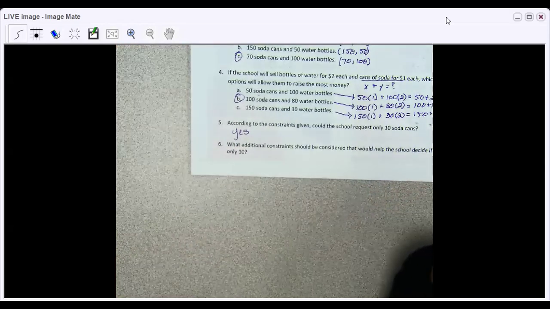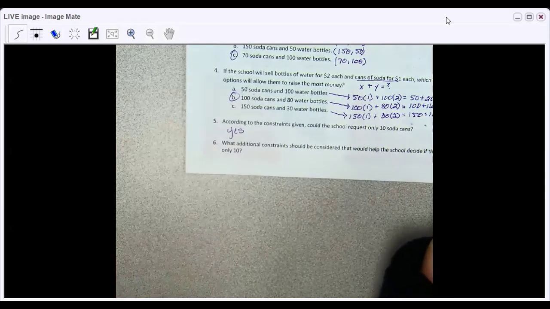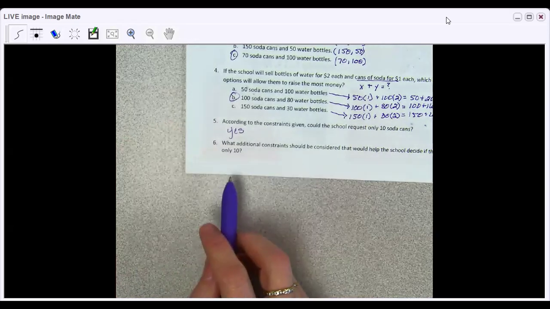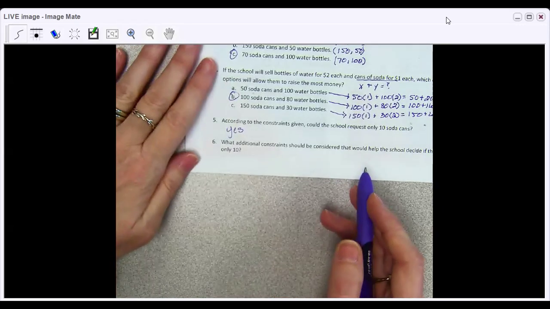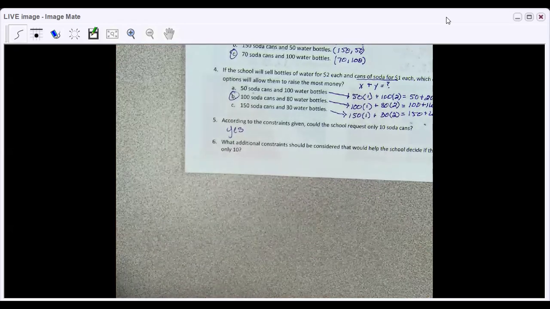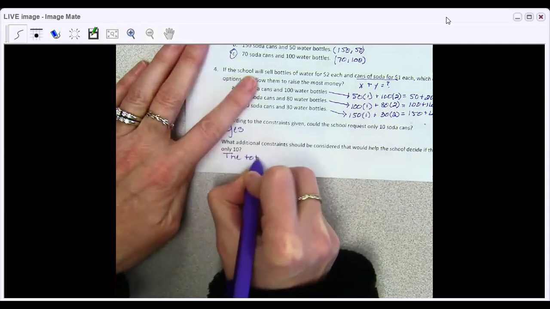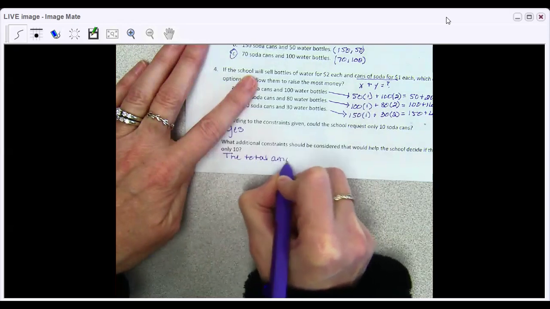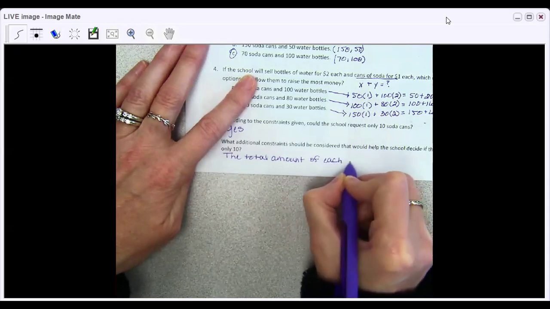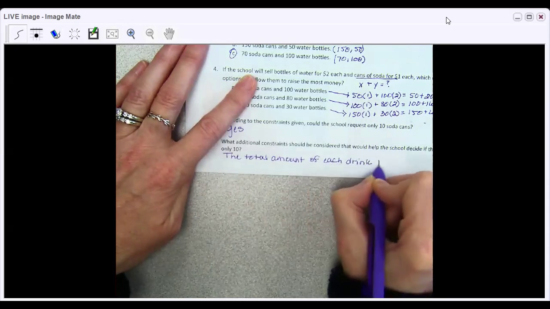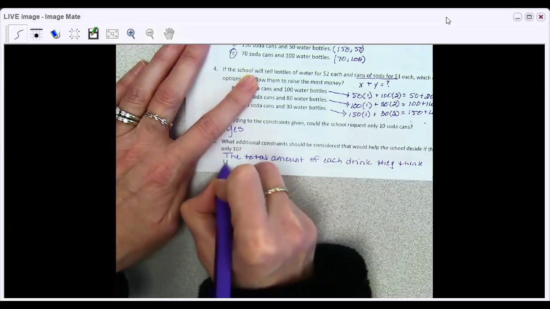All right. Last one. What additional constraints should be considered that would help the school decide if they should request only 10? Now, this one was a little bit confusing, but the constraint would be how much they think that they would sell. So the total amount of each drink they think they could sell.